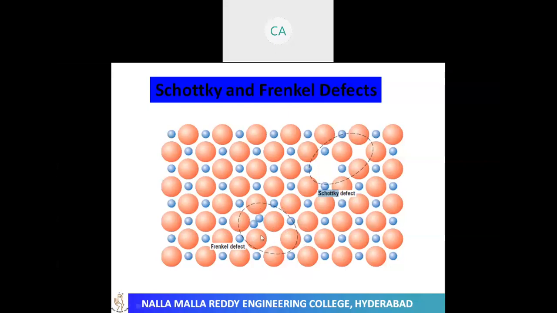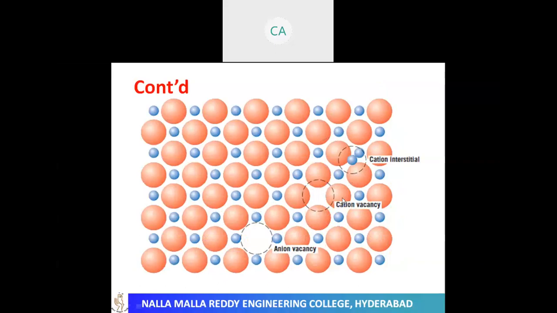This type of defect is normally common in the silver halides, for example, silver chloride, silver bromide, silver iodide. But AgBr shows both the defects, Frenkel as well as Schottky defects. In this figure, you can see anion vacancy here and cation vacancy here and cation interstitial.